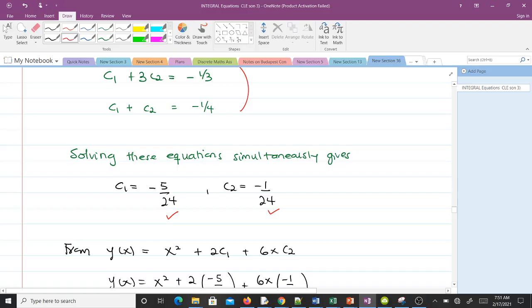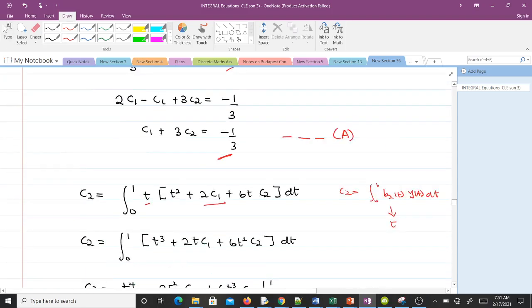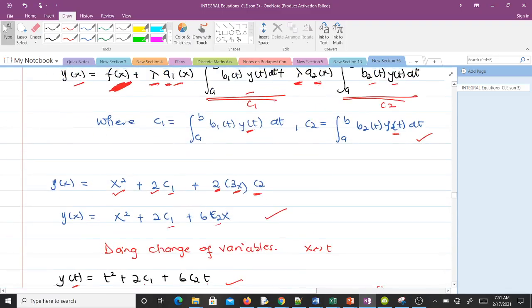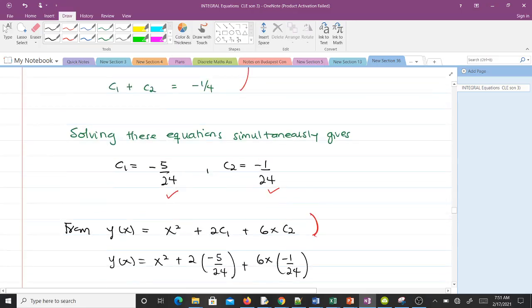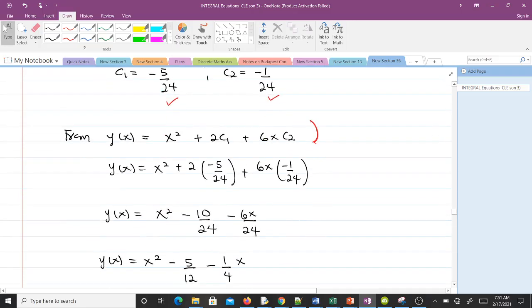So remember this equation that we had. Let me show you where we had it from. From this, since we now have our c1 and our c2, we can make substitutions. Now c1 is negative 5 on 24 and c2 is negative 1 on 24. That means y of x is equal to x squared plus 2 times negative 5 on 24 plus 6x times negative 1 on 24.